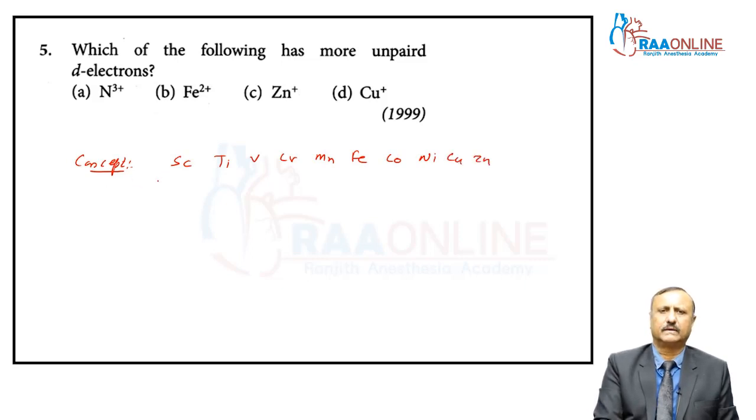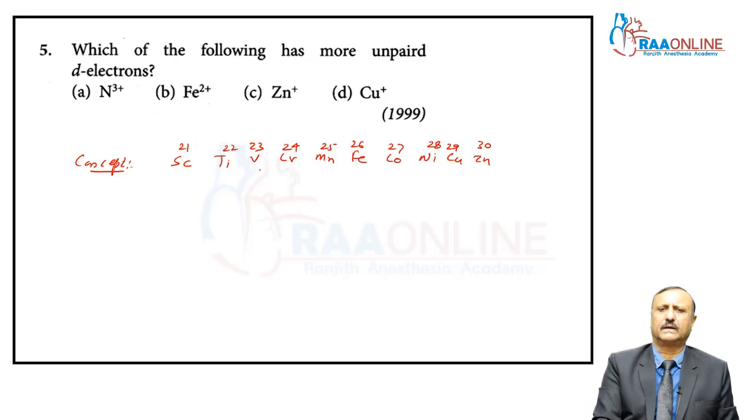Here you can write their atomic numbers 21, 22, 23, 24, 25, 26, 27, 28, 29 and 30. This is the main thing.